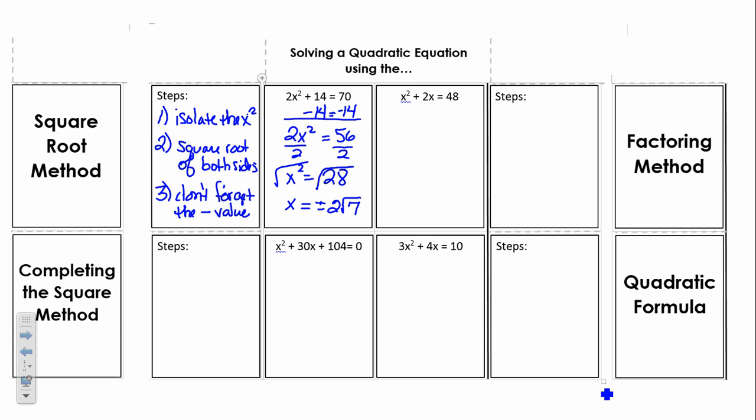So the very first step is always to get it in ax squared plus bx plus c form, which is standard form. So x squared plus 2x, it was positive 48 on the right, it will be a negative 48 on the left, and we set it equal to 0.